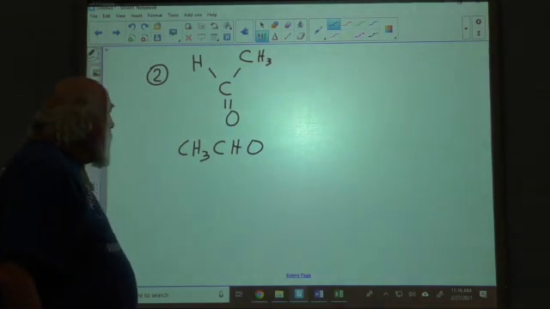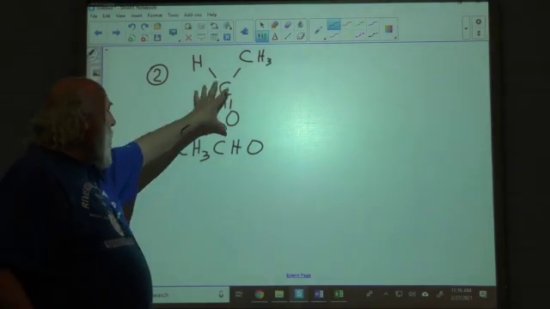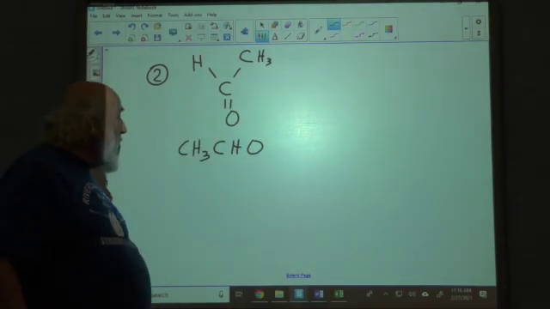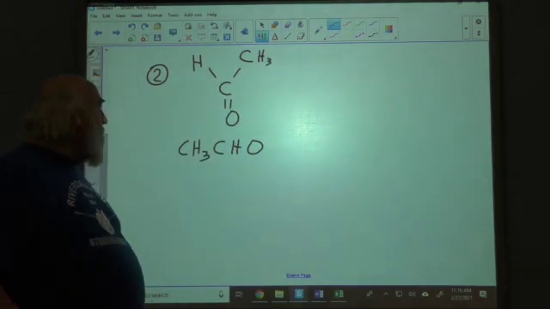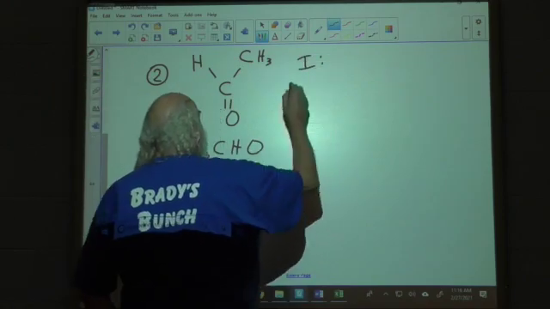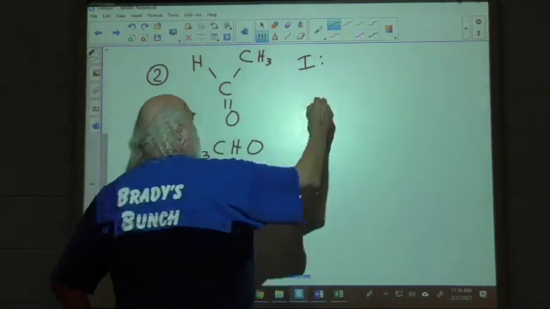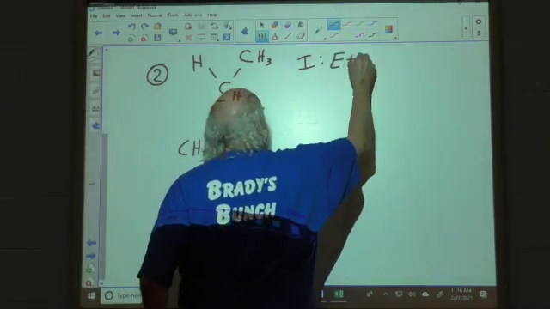So that is the two-carbon aldehyde, and you can tell by the drawing of the carbonyl group that you are dealing with an aldehyde. So the IUPAC name for this, longest continuous chain is two carbons, ends with an aldehyde. So this is ethanal.